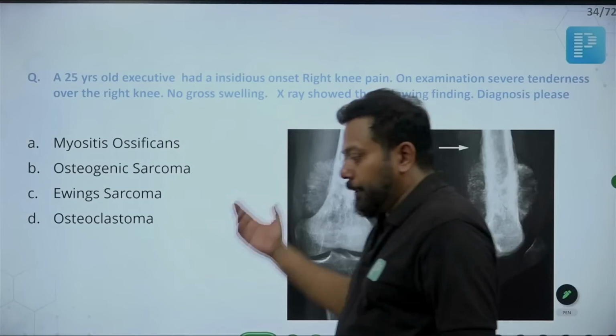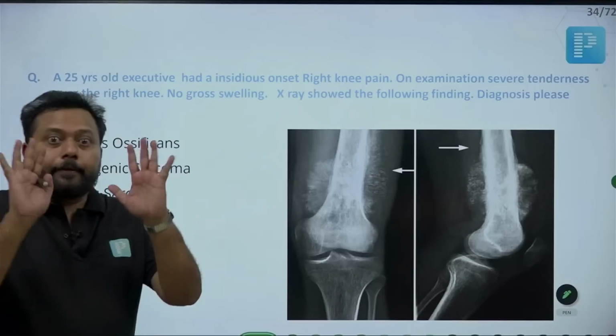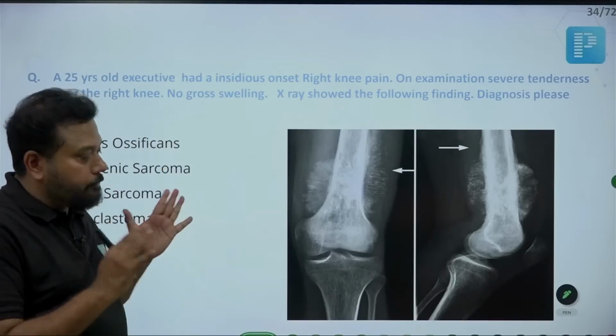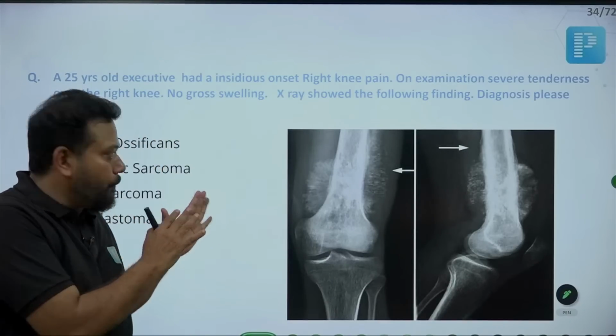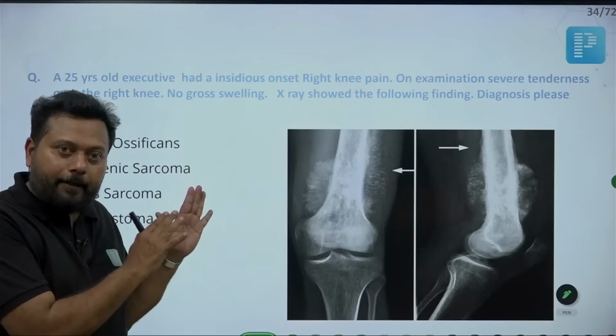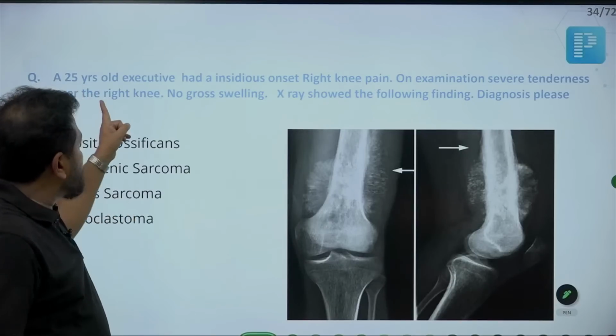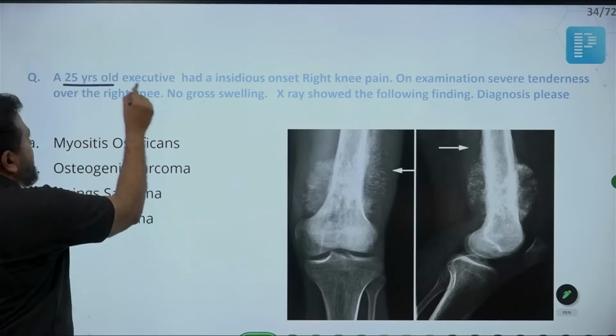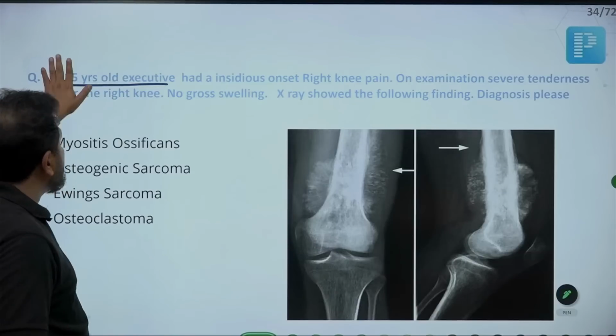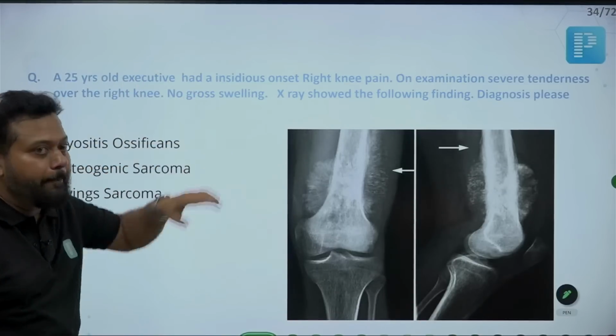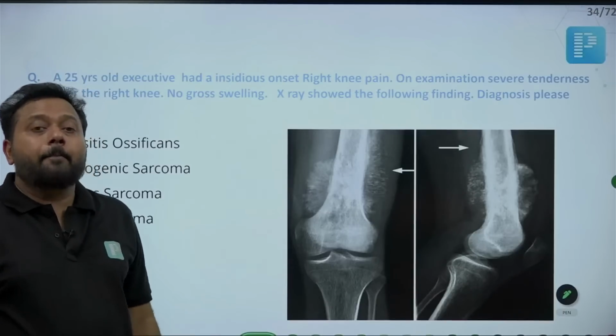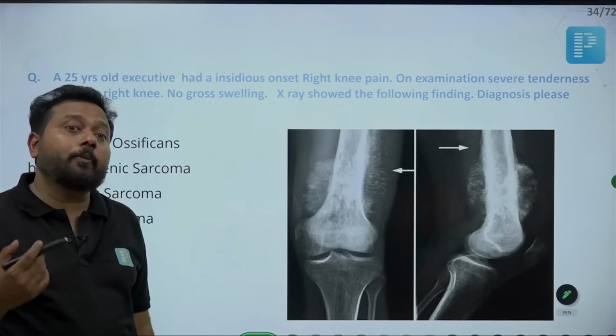We'll see the next important, 10 lakh times repeated question. To me, according to INI-CET, this is the most important area, this slide. Okay, a 25-year-old executive had insidious onset of right knee pain. Insidious pain means the patient can't explain how it started, when it started.